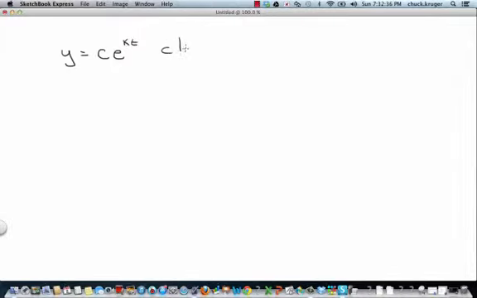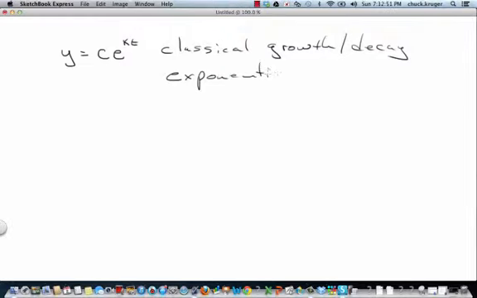This is our classical growth and decay exponential function. It has two constants in here. It has a c, and c is our initial constant. It is the value that we have at time 0.